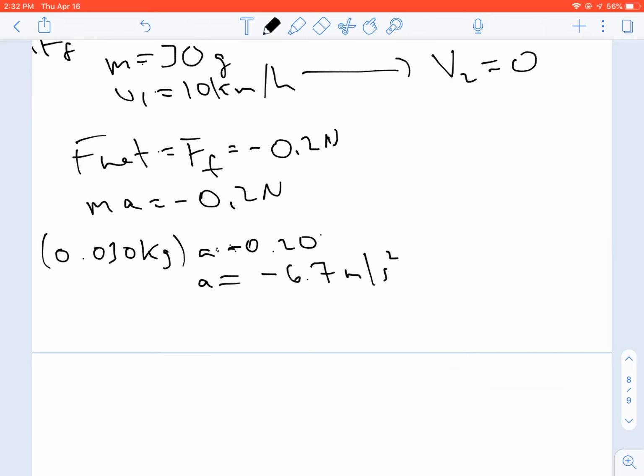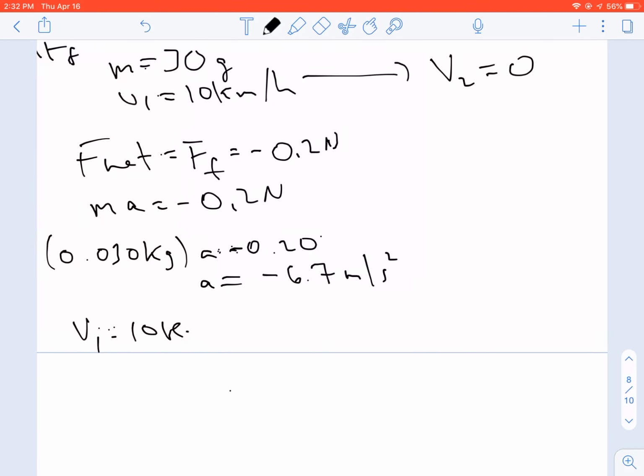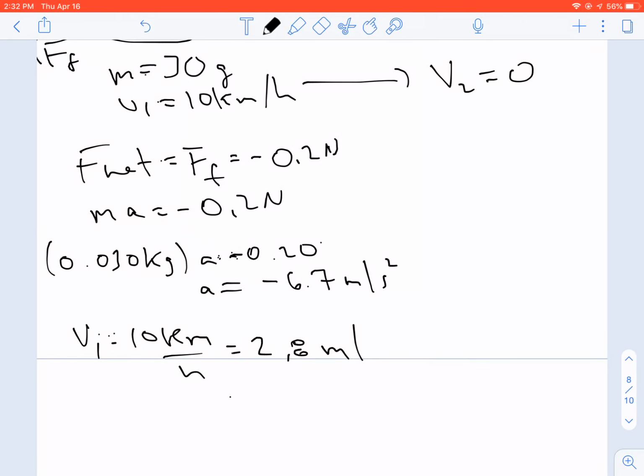Now, we know that V1 is 10 kilometers per hour. Hopefully you have no trouble converting kilometers per hour into meters per second now. Okay, again, remember 1,000 meters is a kilometer and 1 hour is 3,600 seconds.